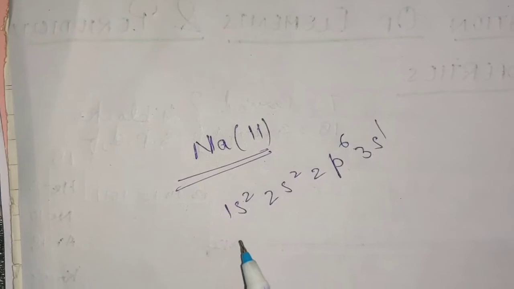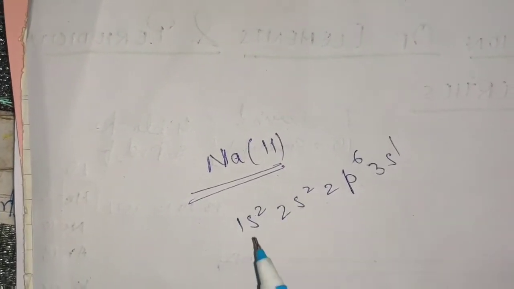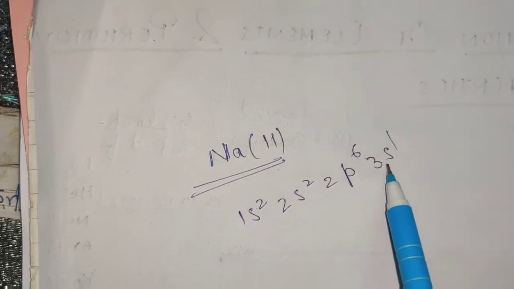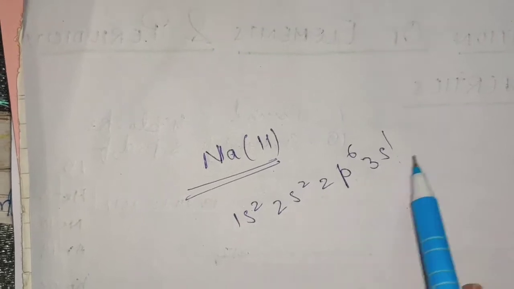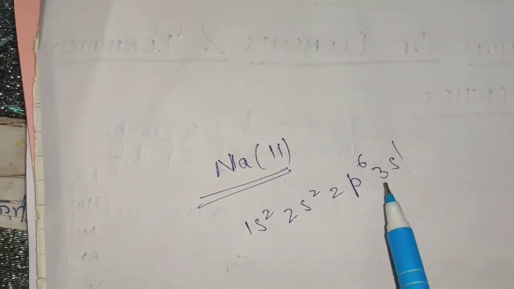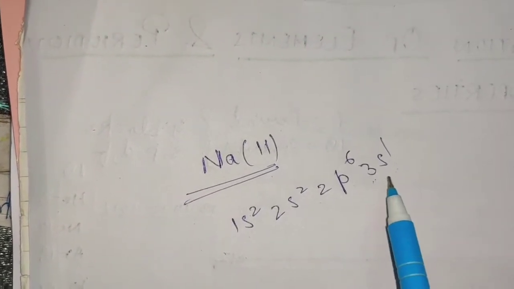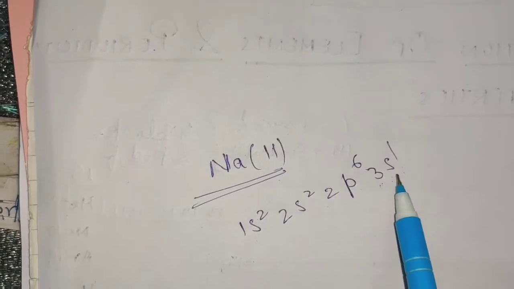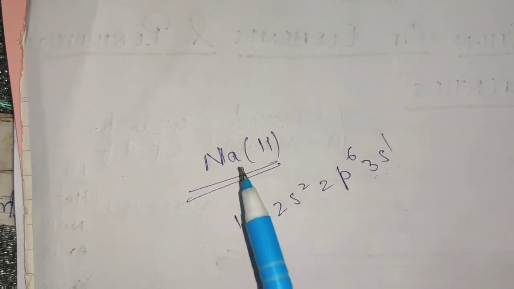In these elements, the last electron enters into the S subshell. So the last electron you can see here is entering into the S subshell of the last shell. The third shell is the last shell here. That is why it is categorized as an S block element.